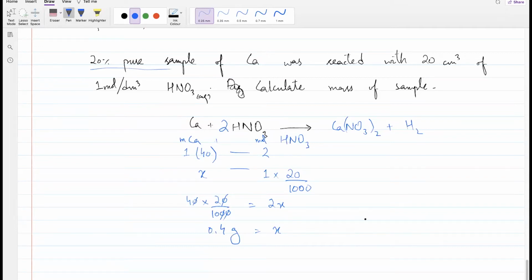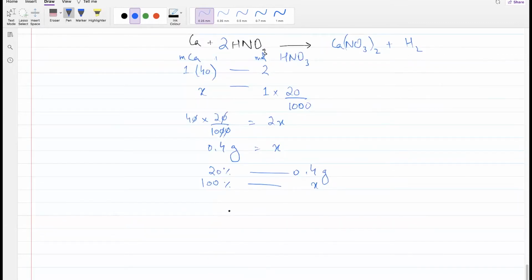The sample was 20% pure, which means only 20% of the total mass was calcium, which is 0.4 grams. So what was 100% of the mass? It was X, right? So that means 20 times X equals 0.4 times 100. So X equals 2 grams.